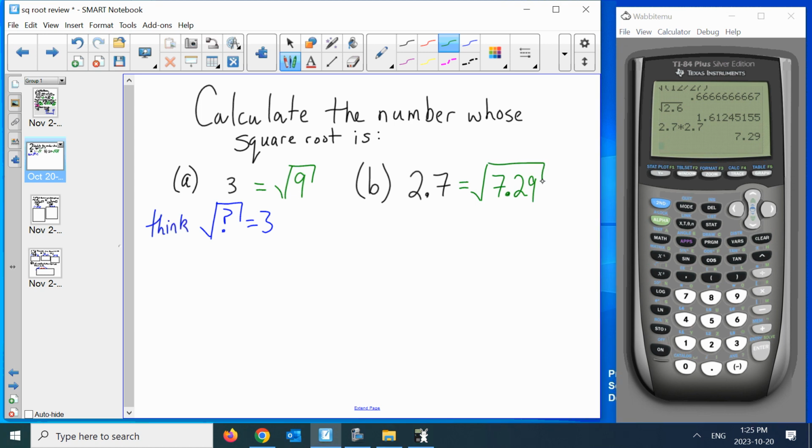So I square it. If I'm not sure about that, I can check my answer. Square root of 7.29. Oh, it's 2.7. I designed it. So it should be a fraction.